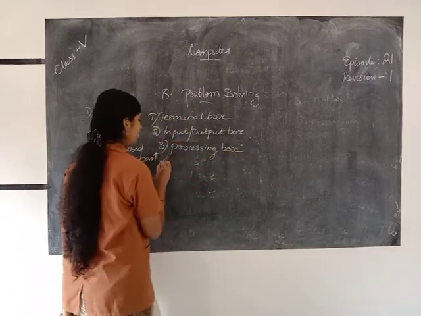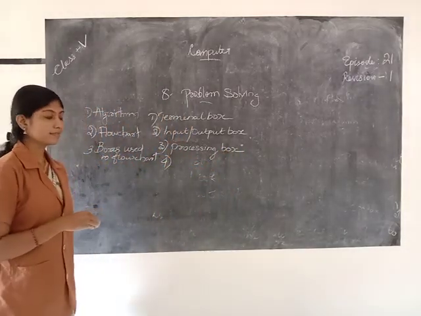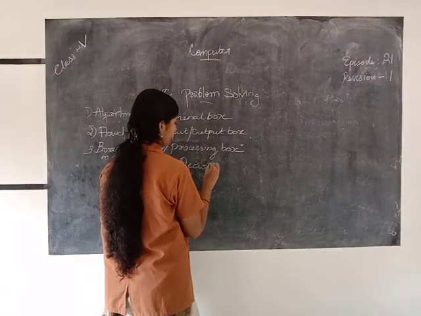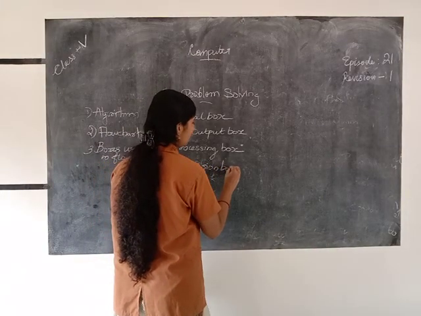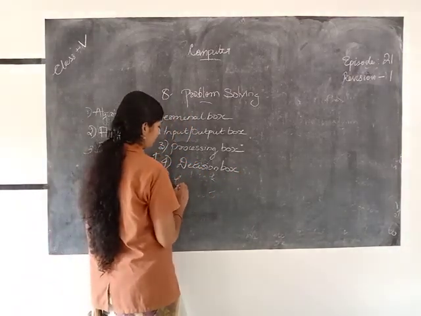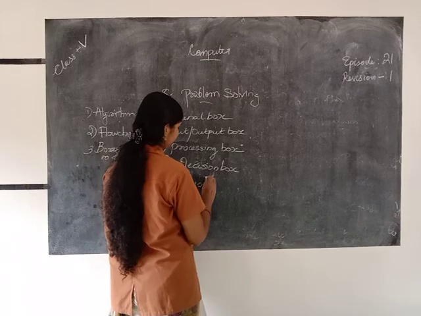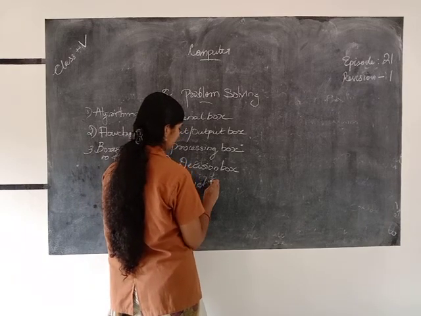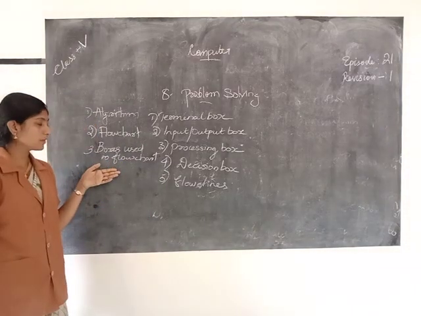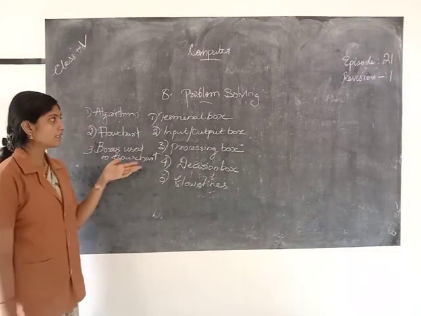Then next one, decision box. Then one more thing, flow lines. So the third point is boxes used in a flowchart. Which are the boxes?